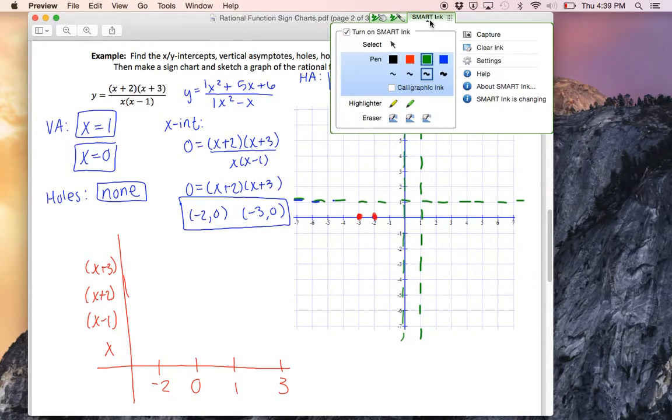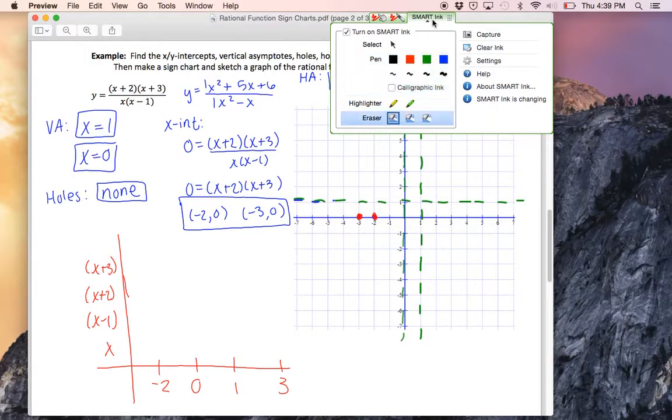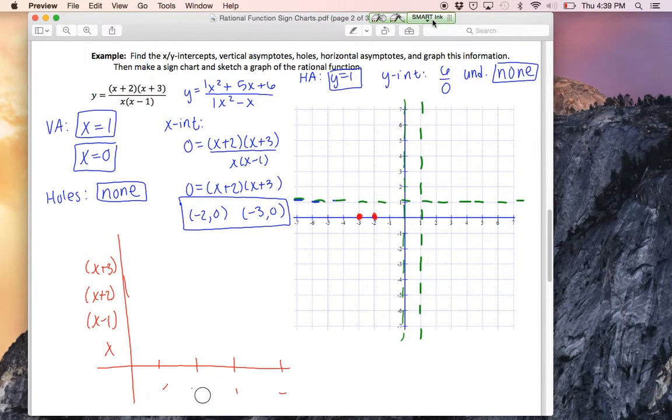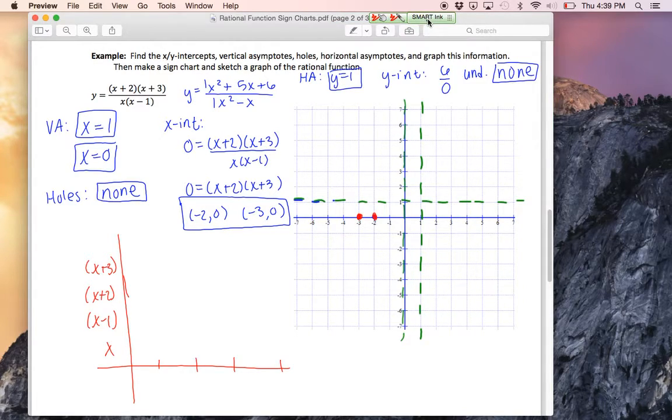All right, moving along. So I've got -3, -2, 0, and 1.